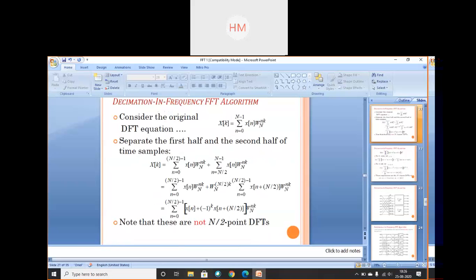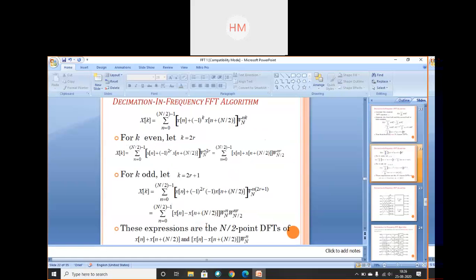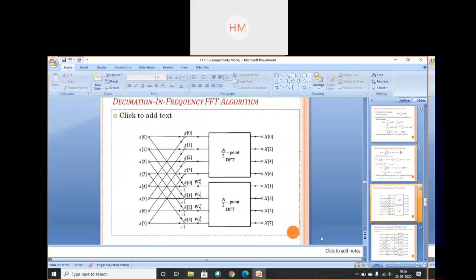See, this equation is an overall equation. We have just simplified first half and second half, and then we are splitting it into even and odd. So now second stage we got by splitting the halves of your FFT decimation.